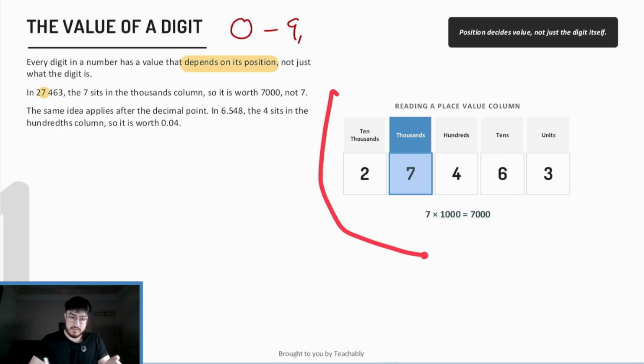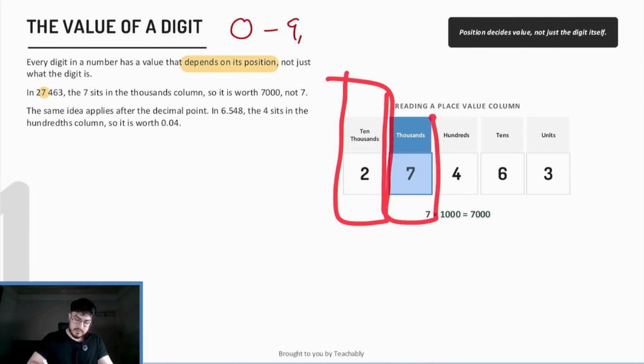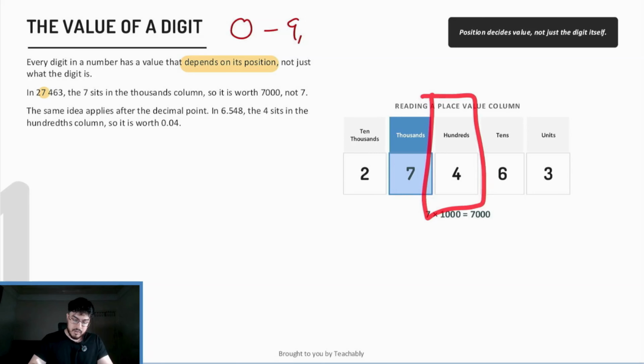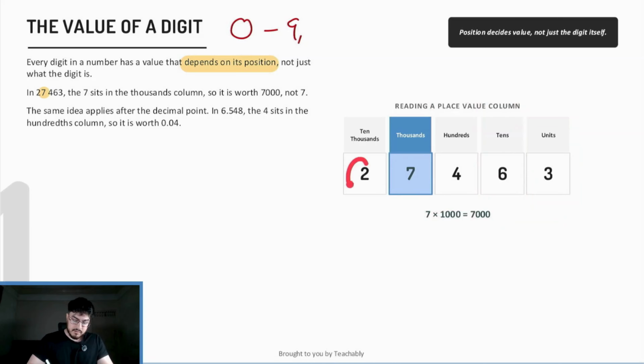First, let's just look at this diagram, and then I will show you more in depth. If we read the place value columns in this number, we've got the 10,000s column, the thousands column, the hundreds column, the tens, and the units. The digit is 2, but because it's in the 10,000s column, its value is actually 20,000, because it's 2 followed by 4 zeros.